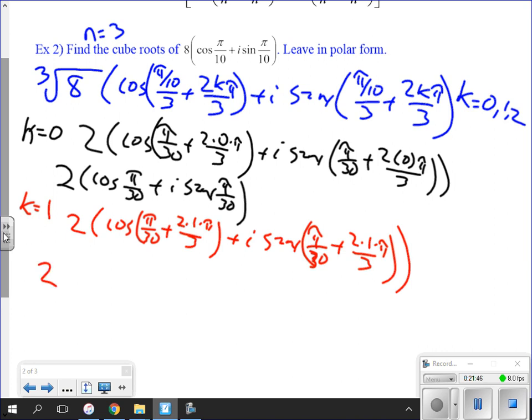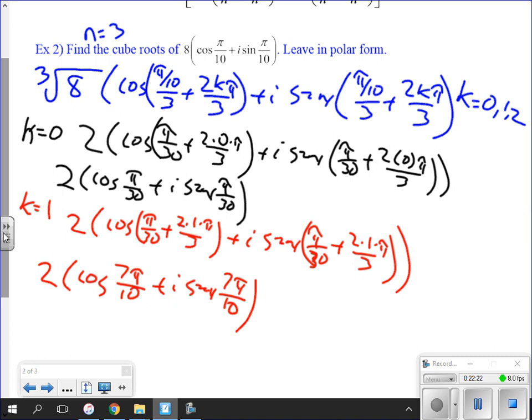Which means I have 2 cosine of pi over 30 plus 20 pi over 30, so I get 21 pi over 30, which reduces down to 7 pi over 10, plus i sine of 7 pi over 10, because once you do the fraction for the first one, you get the same fraction for the second one.